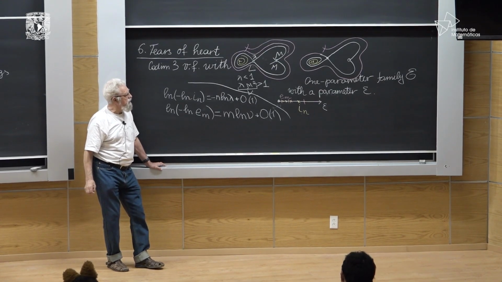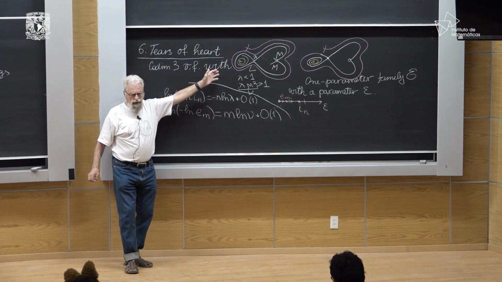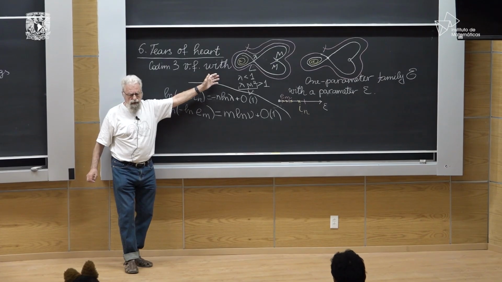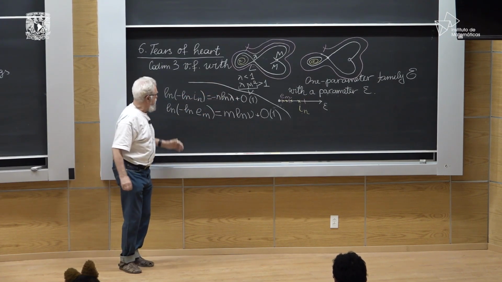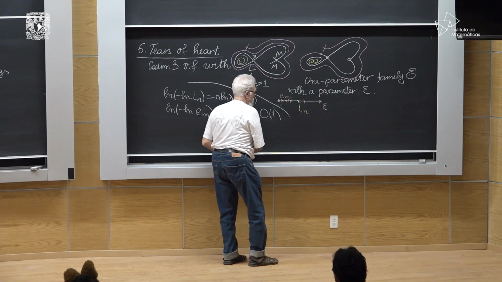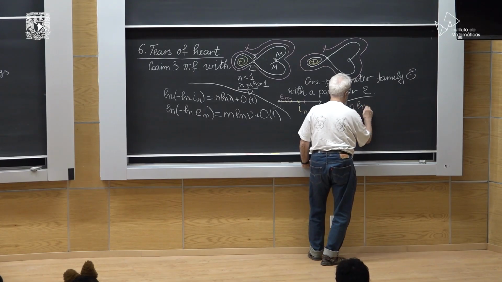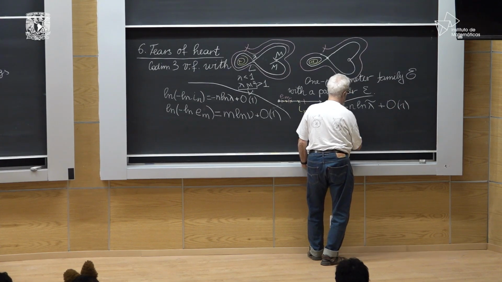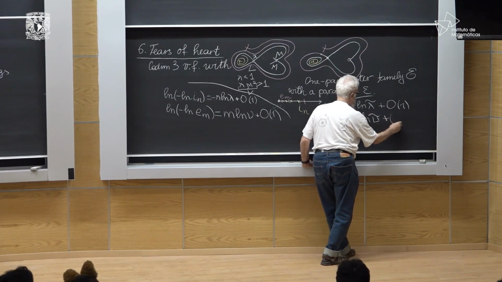Now suppose that there are two families, so you have the homeomorphic face portraits, but now everything in the second family is with tilde. We have a second sequence minus n logarithm lambda tilde plus O of 1, minus m logarithm nu tilde plus O of 1.